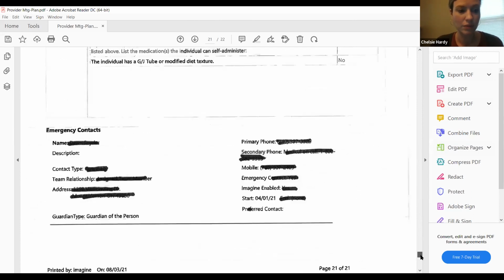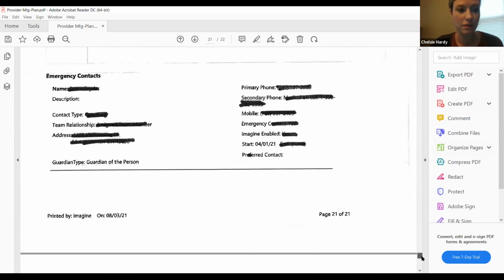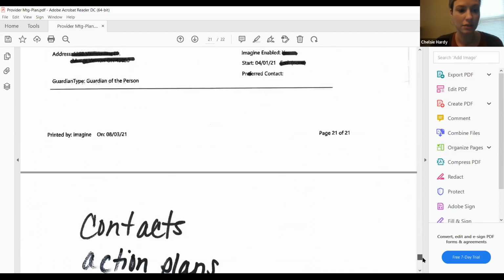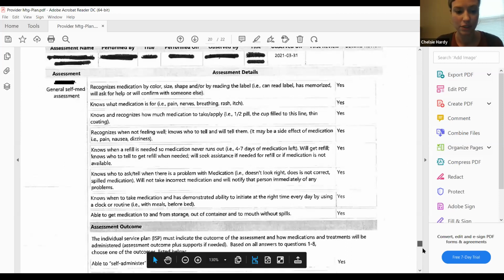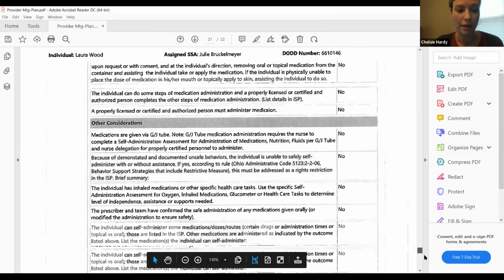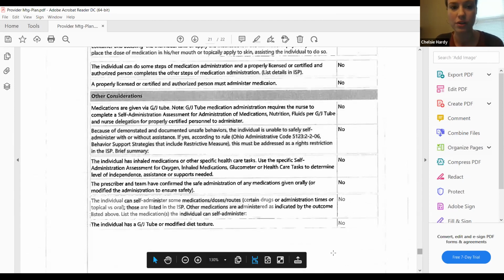Last things would be the contacts, which I didn't print everything that goes with that because it would have just been more to black out, but the plan should also have contacts, and then of course action plans that go along with the outcome and how they're going to achieve their outcome. So that is typically what should be found in an ISP.